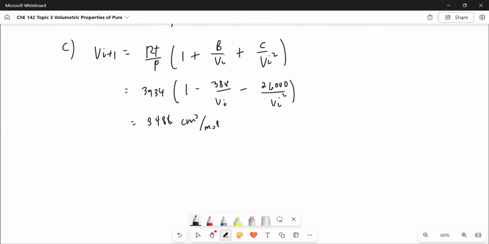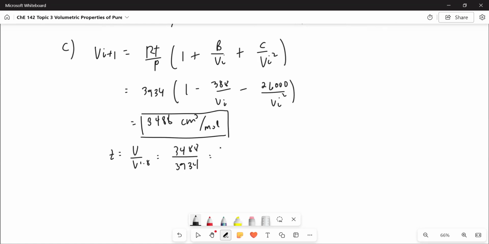So calculating for Z, Z is V over V of the ideal gas. That's 3,488 divided by 3,934.